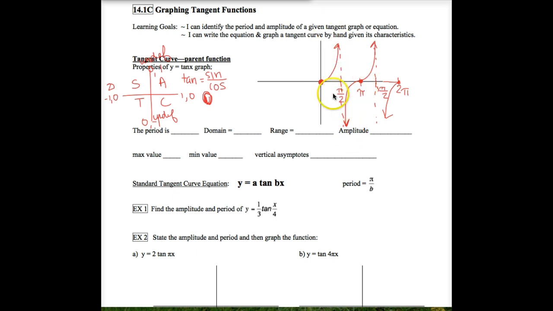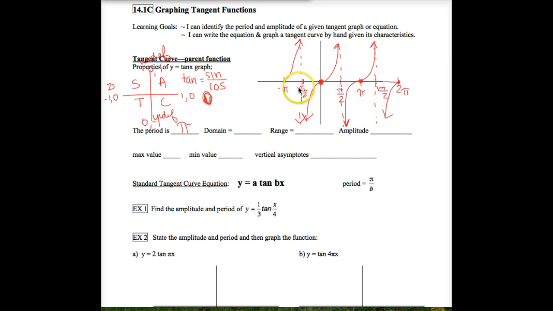So the period of this graph is pi. And you'll see that on the other side, if I do pi over 2 here on the negative side, and then negative pi, it does the exact same thing. So down to the asymptote, and then on this side, it goes up.